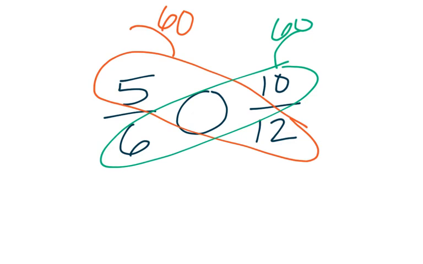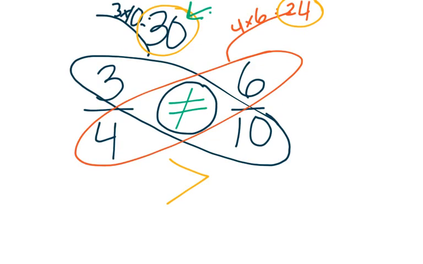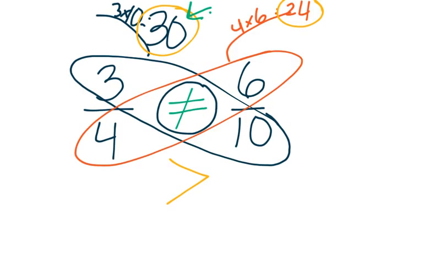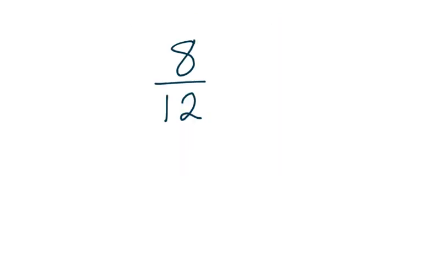Those products are the same, which means my fractions are equivalent. So that's another little handy trick when we're trying to figure out if two fractions are equivalent or not. We can use this method where we have to see if we're multiplying the same number on top and the bottom. If not, then they are not equivalent. We can also use our butterfly method.